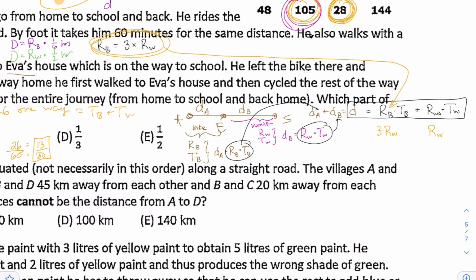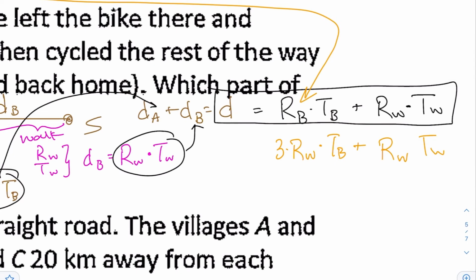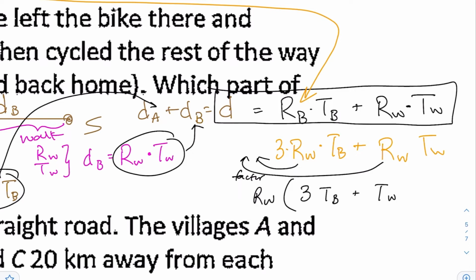So here, if you factor out RW from both of these, you have RW times parentheses 3 times TB plus TW.